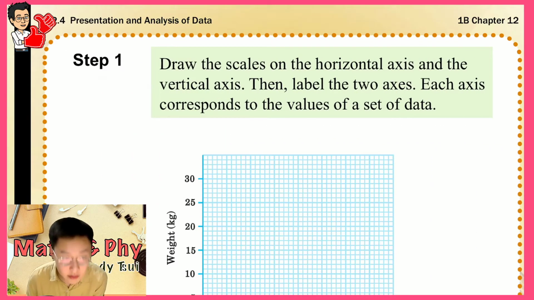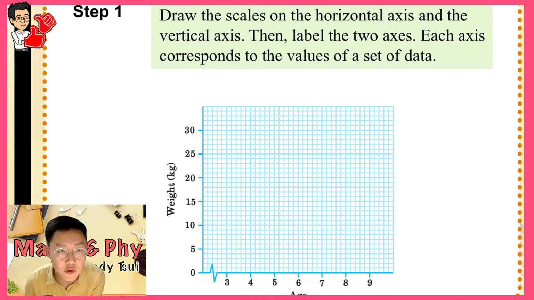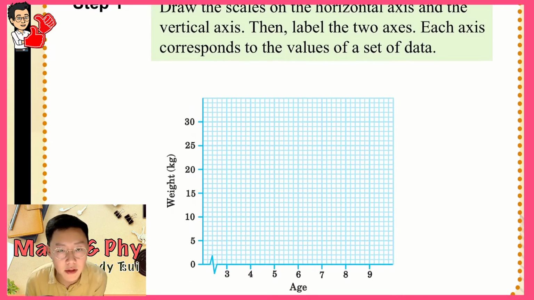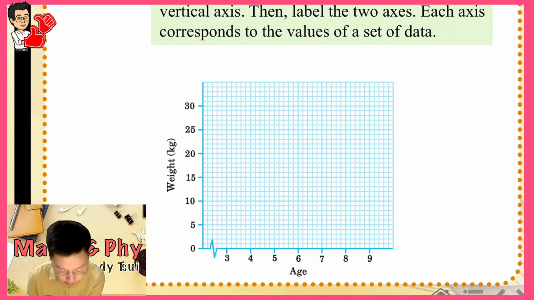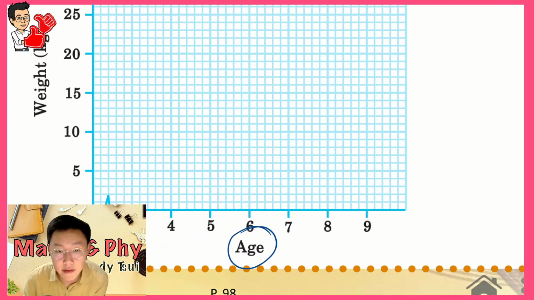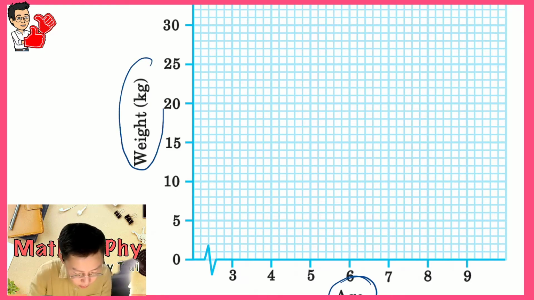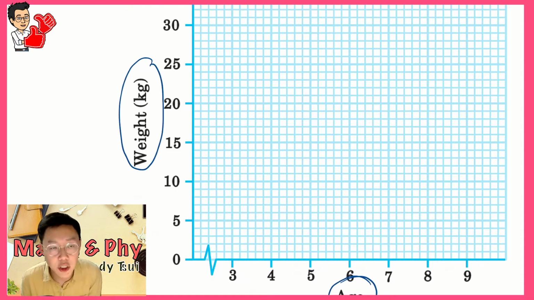So first of all, the first step is to draw the scales on the horizontal axis and the vertical axis. Here, the age is put on the x-axis, and the y-axis can be the weight of the children.